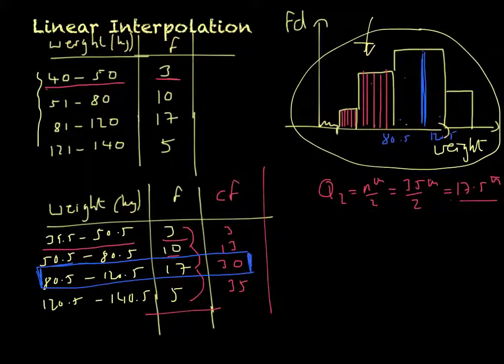Well, what we can do is we could look at that bar in a different way. We could look at this bar by saying, well, the class starts at 80.5 and it finishes at 120.5. Q2, our median value, must lie somewhere within that bracket. So on here we've got our class. On the bottom we've got our frequency.